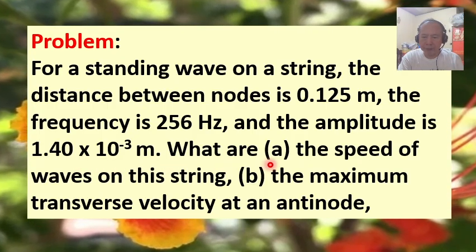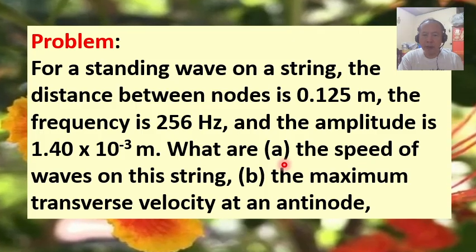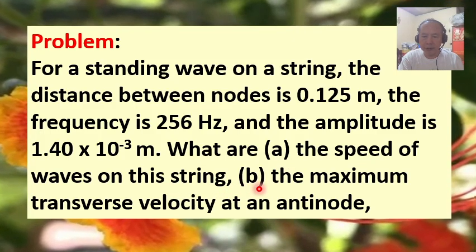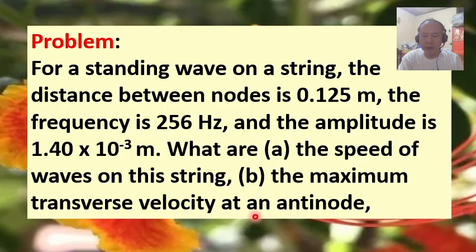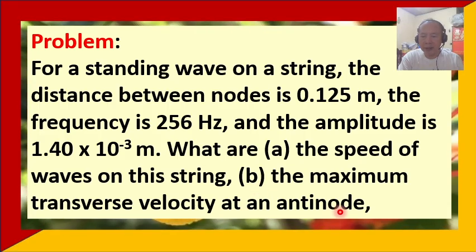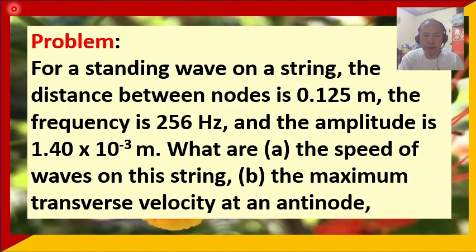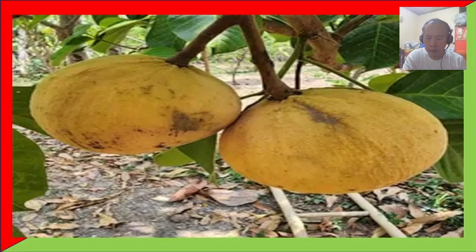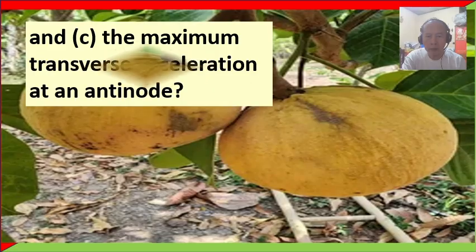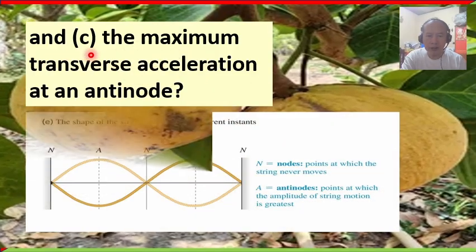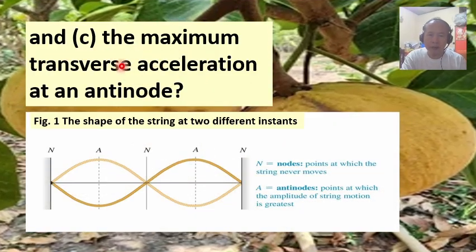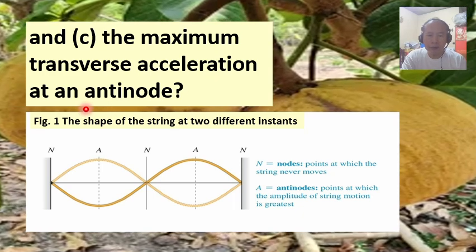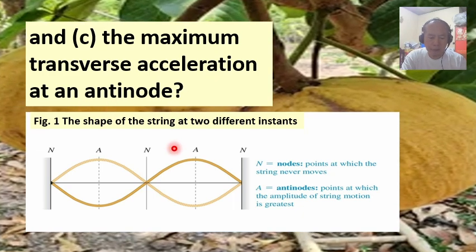What are, letter A, the speed of waves on this string? Letter B, the maximum transverse velocity at an antinode. In question letter C, what is the maximum transverse acceleration at an antinode?